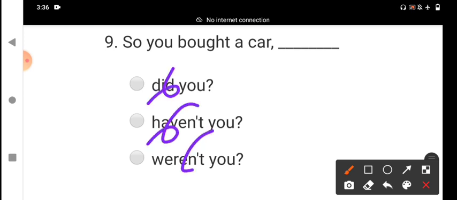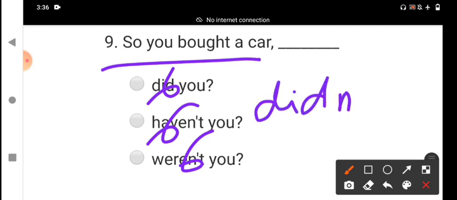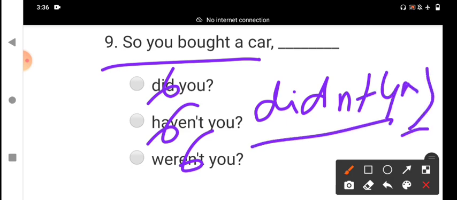The statement is positive, so we should select the negative. Didn't you? This is the right answer. Sorry, because there is no option here, didn't you is the right answer. Weren't is not a right answer. My dear, the main verb V2 is there. That is the right answer.